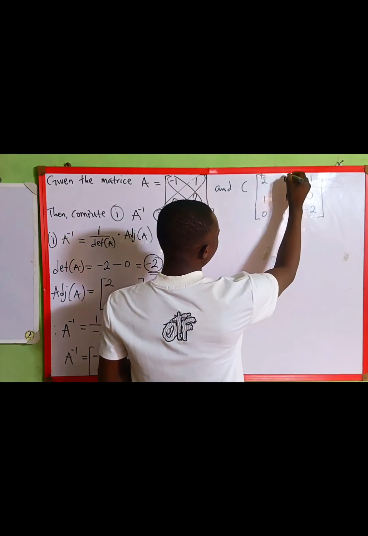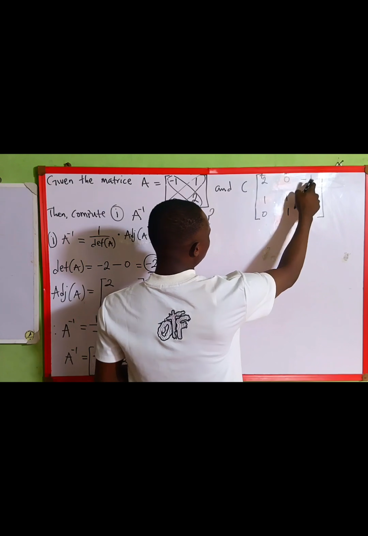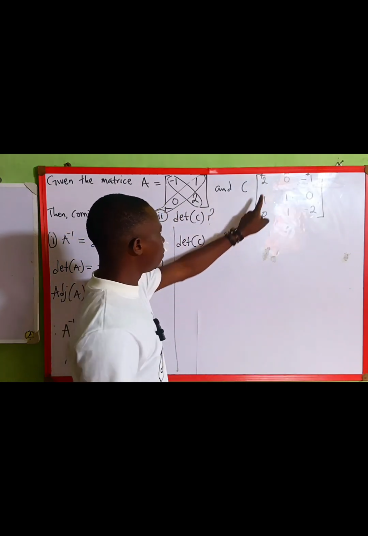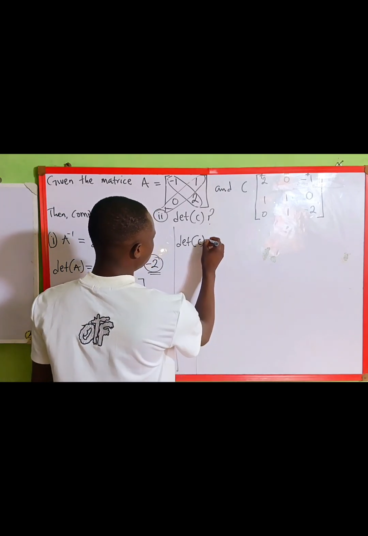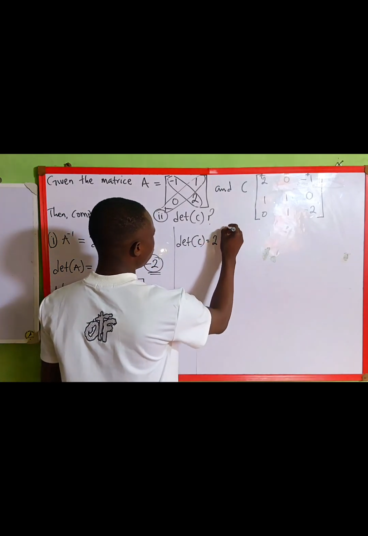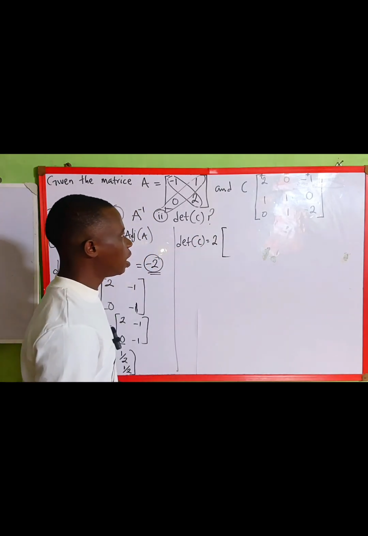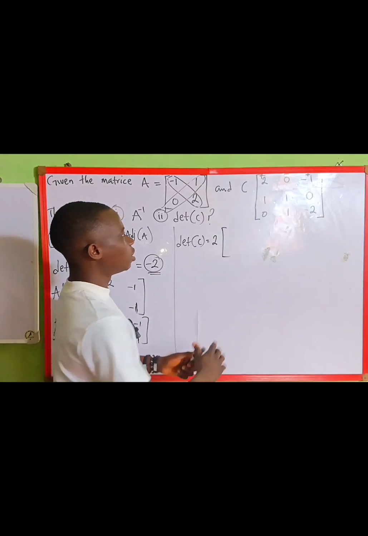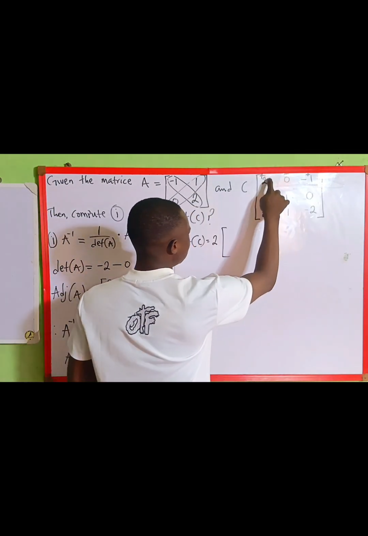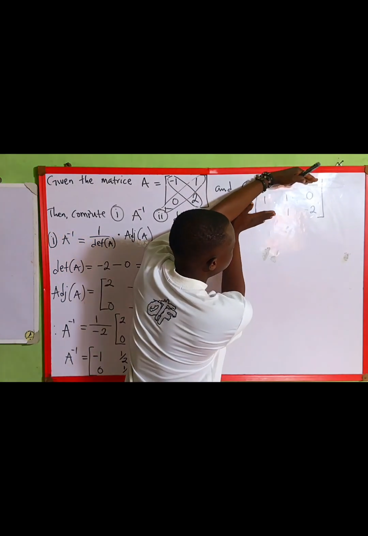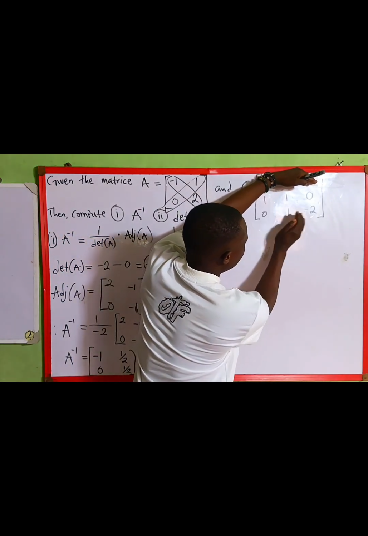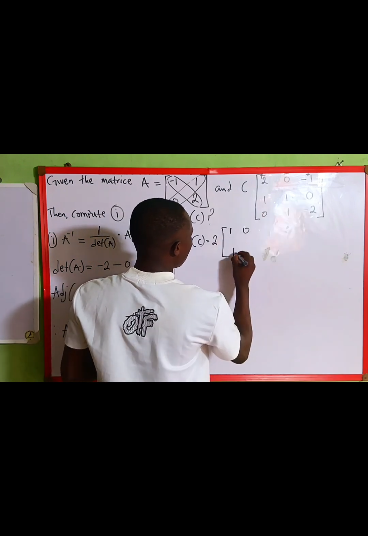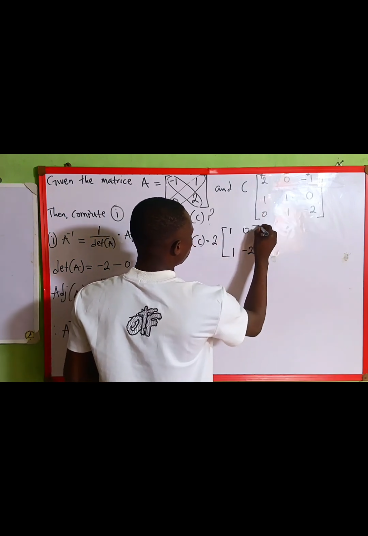The second element in the first row is negative, while the third element in the first row is positive. Then we take this number here, +2. So we take +2, then we open a bracket. Now cover the row and column of 2, then we write the remaining elements. If we cover this row and this column, we are left with only 1, 0, 1, -2.